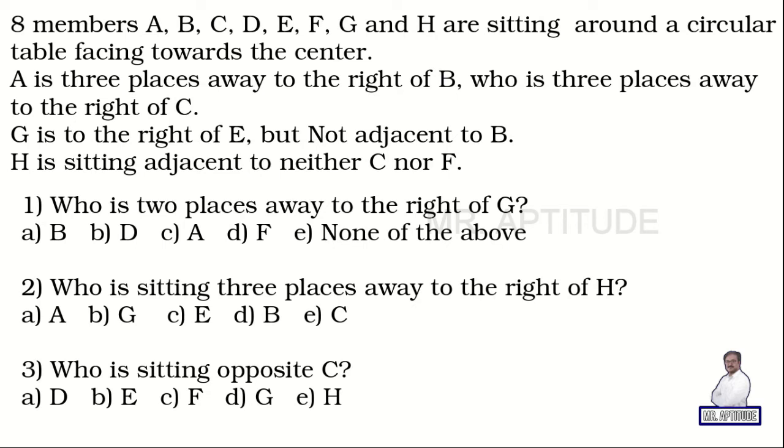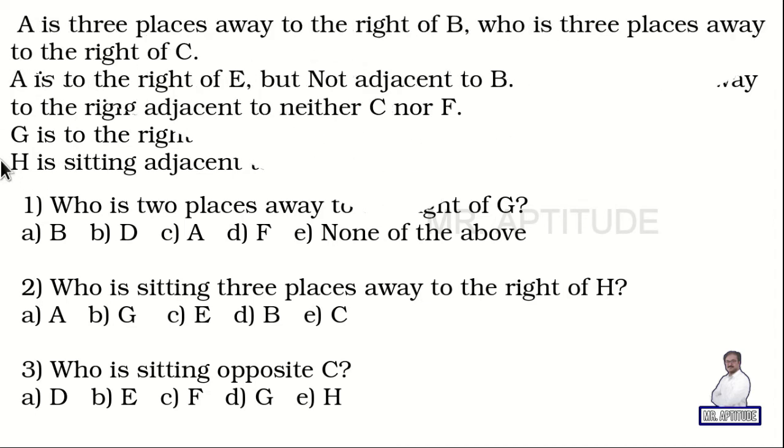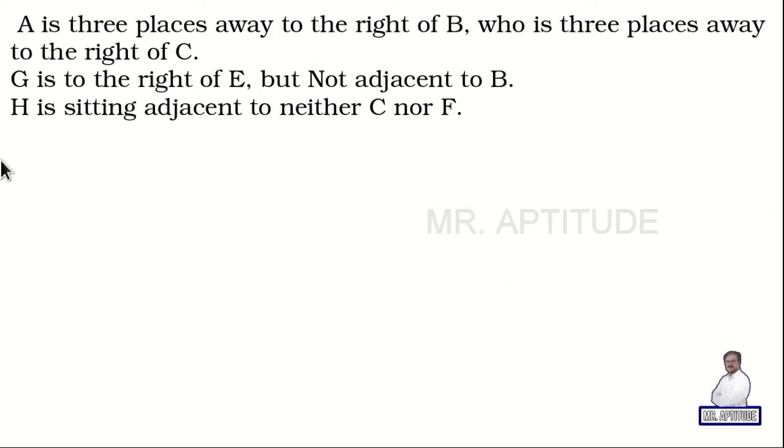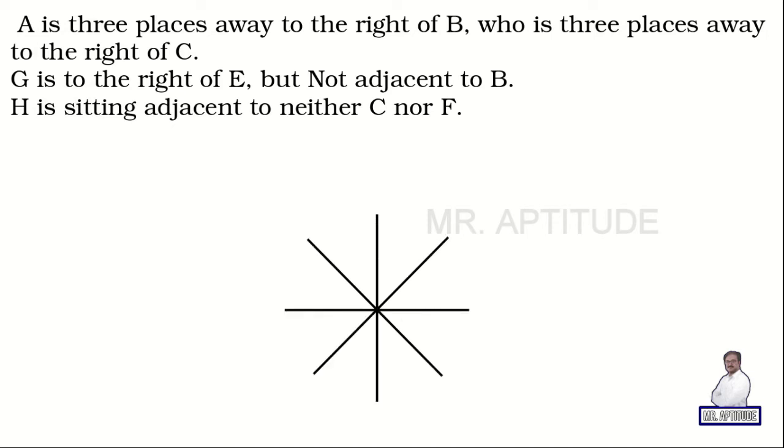Now let me explain this set. Again, you are given that there are 8 members sitting around a circular table facing towards the center. And you are given some conditions here. Let me write those conditions this way. As the given members are sitting around a circular table, let us assume a circle like this.